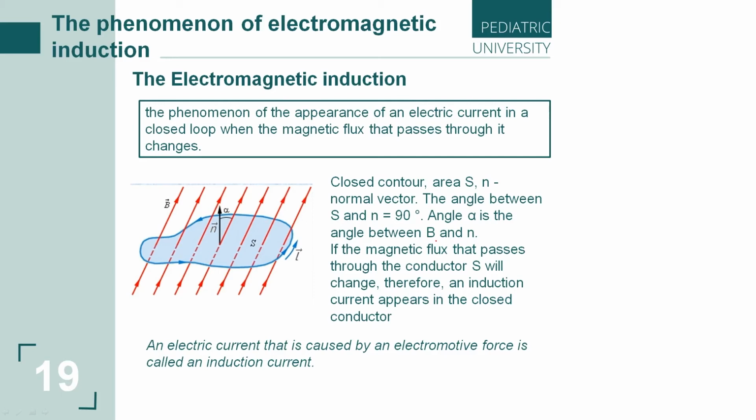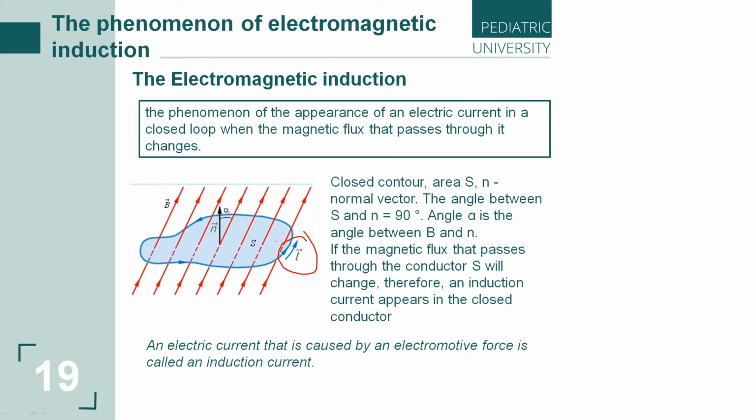So, if the magnetic flux that passes through the conductor changes, therefore an induction current appears in the closed conductor, in the deep blue closed conductor. From here, we express the definition.